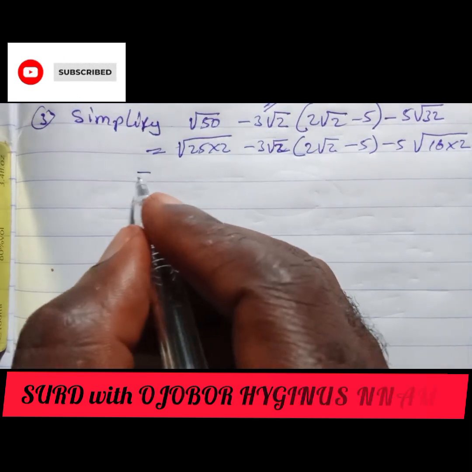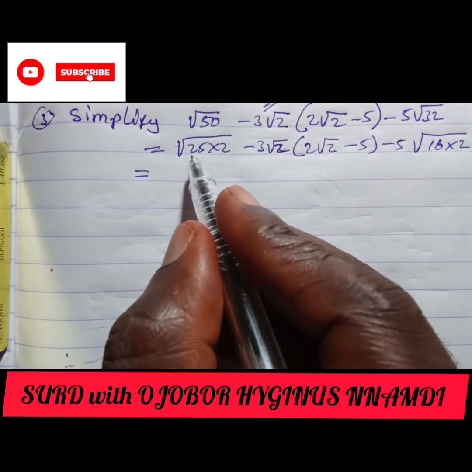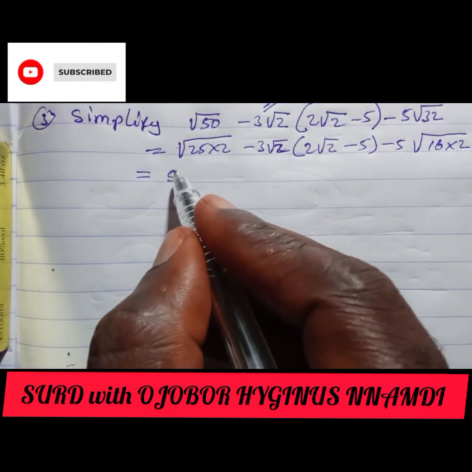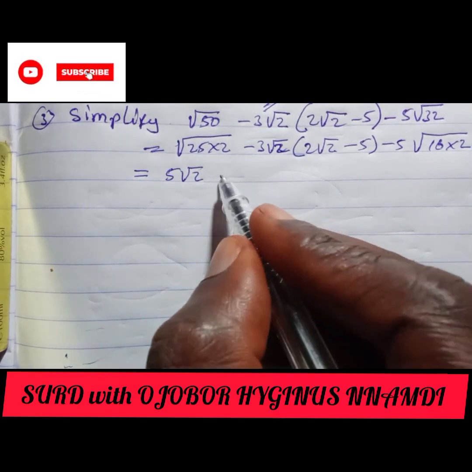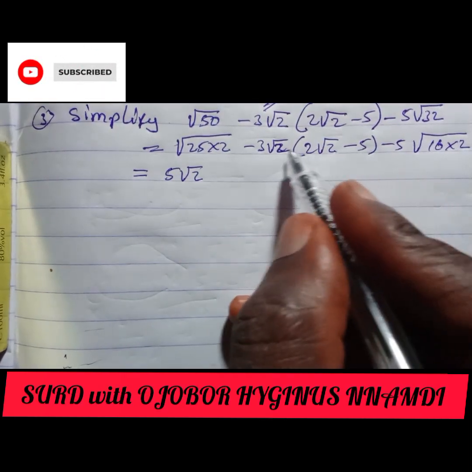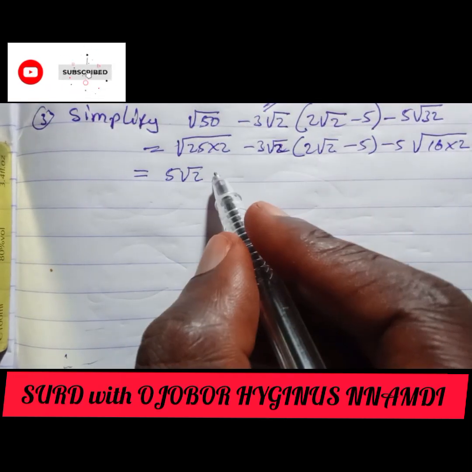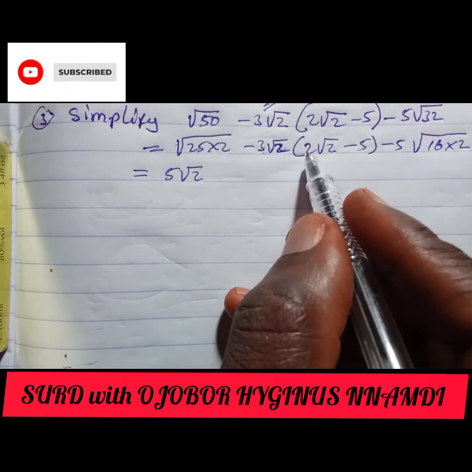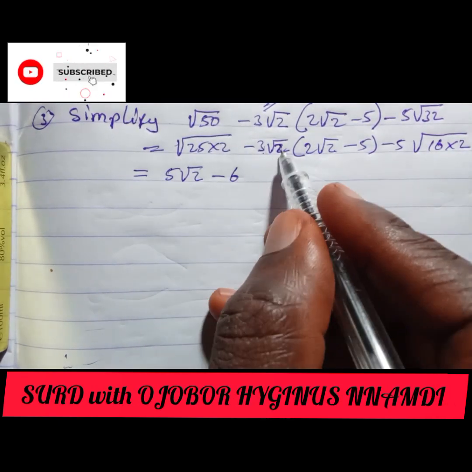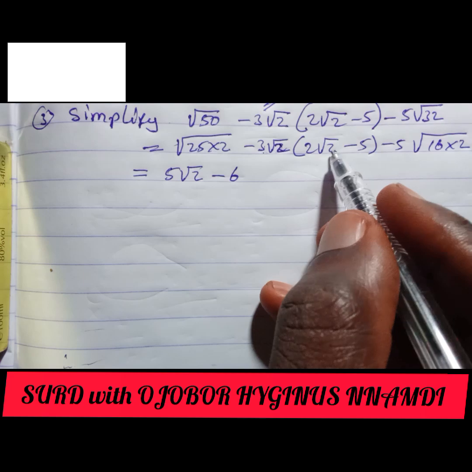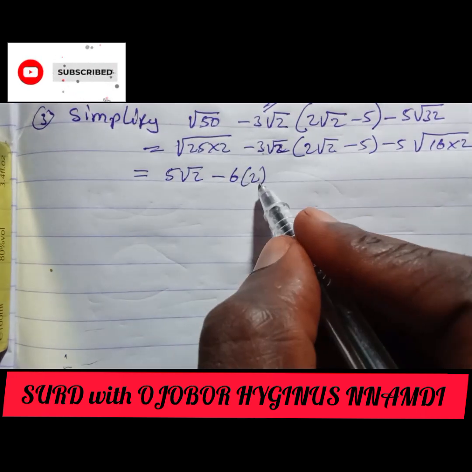And that will be equal to root 25 is 5. So I will have 5 root 2 here. Minus, I can decide to now open this bracket. Use what you have here to open this bracket. So I have minus 3 times 2, I'll have minus 6. Root 2 times root 2, I will have 2.